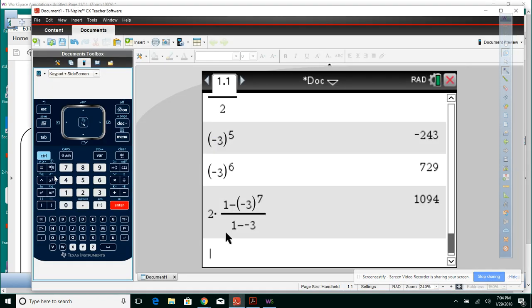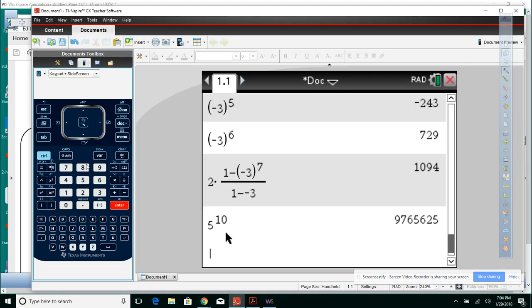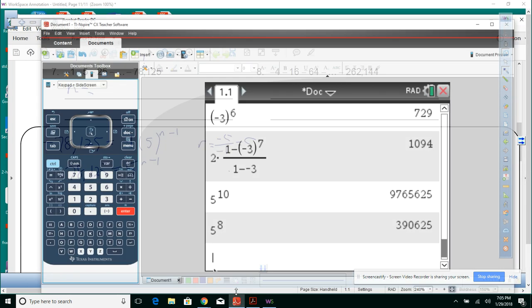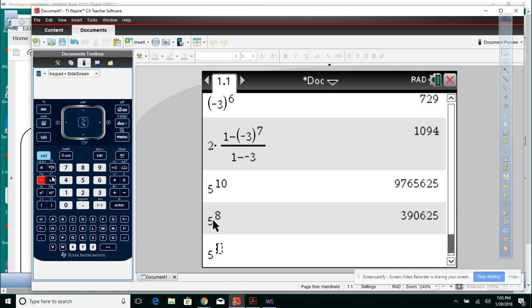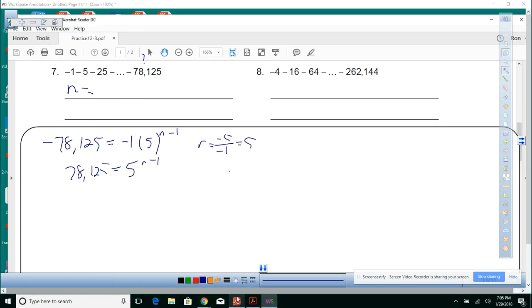Didn't we do something like that a while ago? 5 caret 10. No, 5 caret 8, 390,000. What are we looking for? 78,000. So we're 5 caret 6, 15,625.